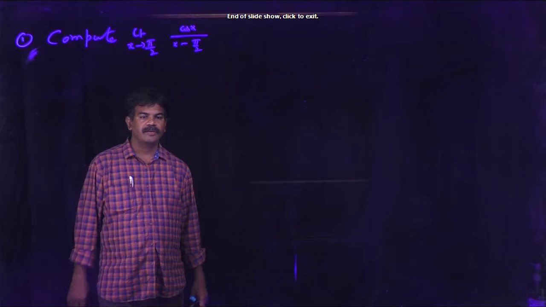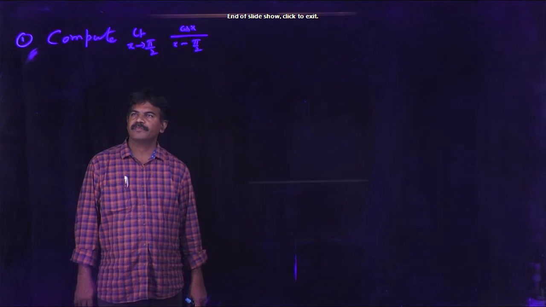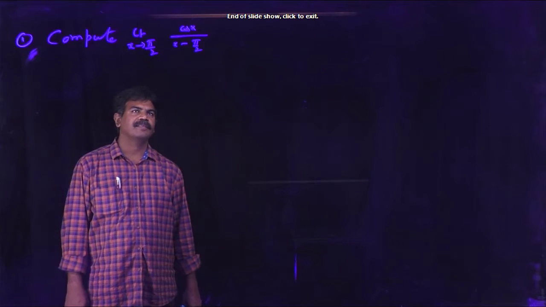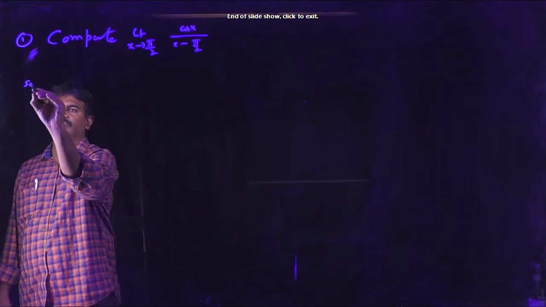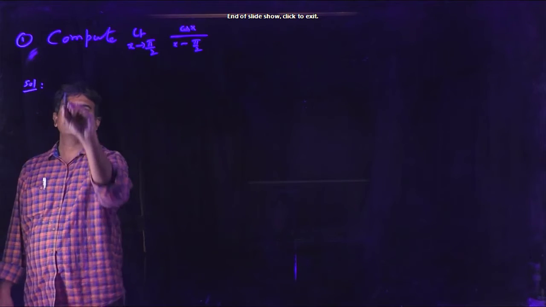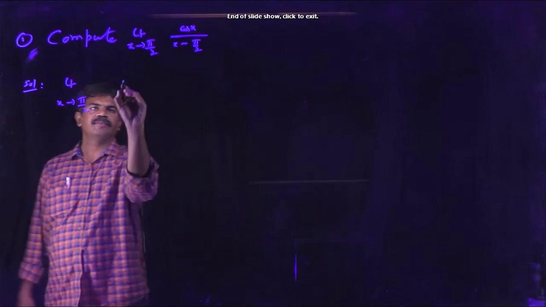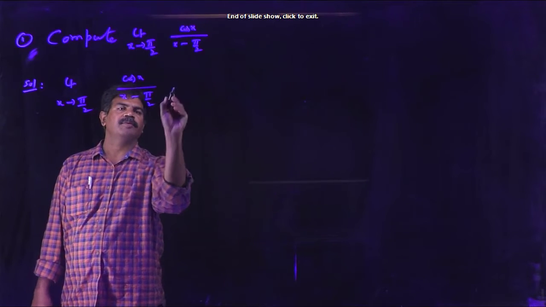Students, now we are going to discuss the problems in limits. The first one is: compute limit x tends to pi by 2, cos x by x minus pi by 2. Solution. First we take limit x tends to pi by 2, cos x by x minus pi by 2.